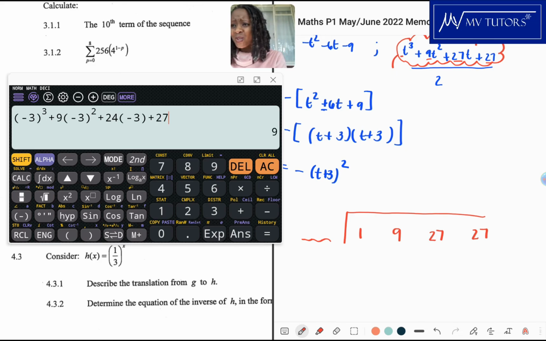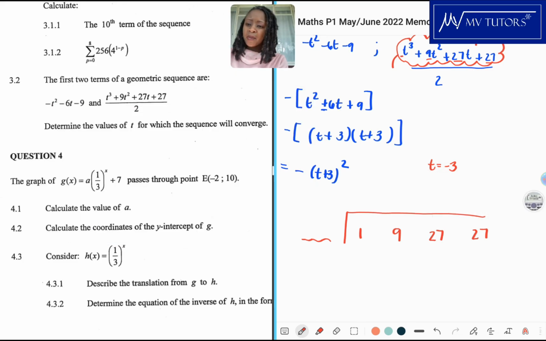So -3 cubed is -27. Yay, -3 does work. So basically one of the factors is t equals -3. That is one of the solutions. So I'm going to put -3 over there.